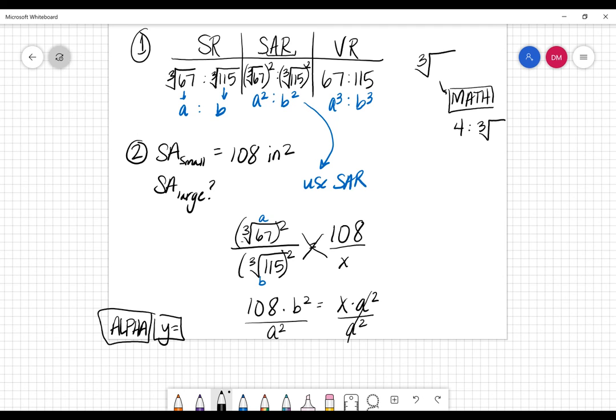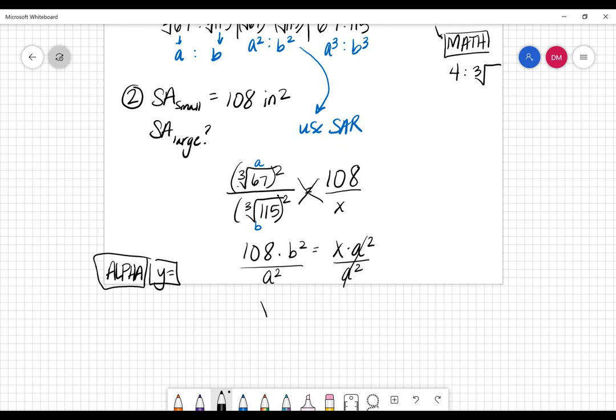I am typing 108 times alpha b squared in the numerator and alpha a squared in the denominator. Altogether, that one calculation in my calculator is giving me x equals 154.82. We were in inches squared, so that is inches squared.